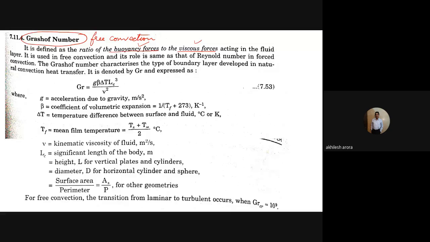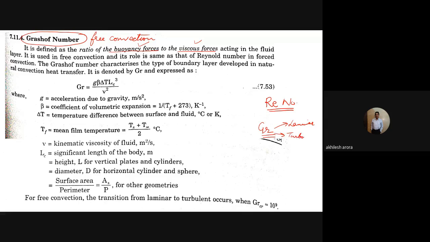Like in case of forced convection, we calculate the value of the Reynolds number and we identify whether the flow is laminar or turbulent. Similarly, in case of free convection or natural convection, it is the Grashof number, represented as Gr, which is telling us whether the flow is laminar or turbulent.